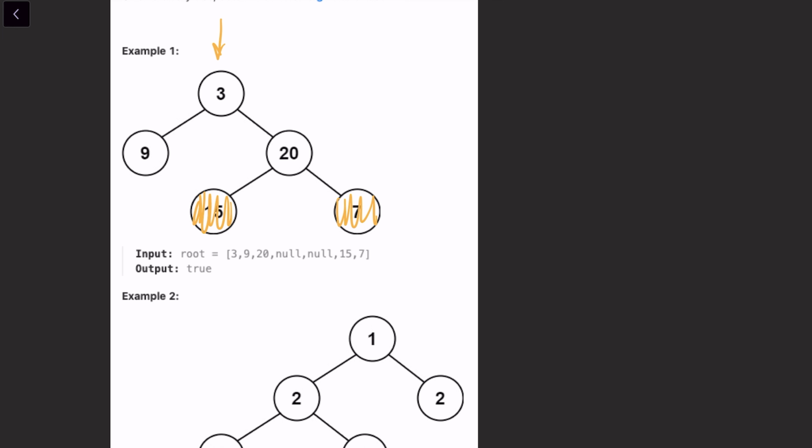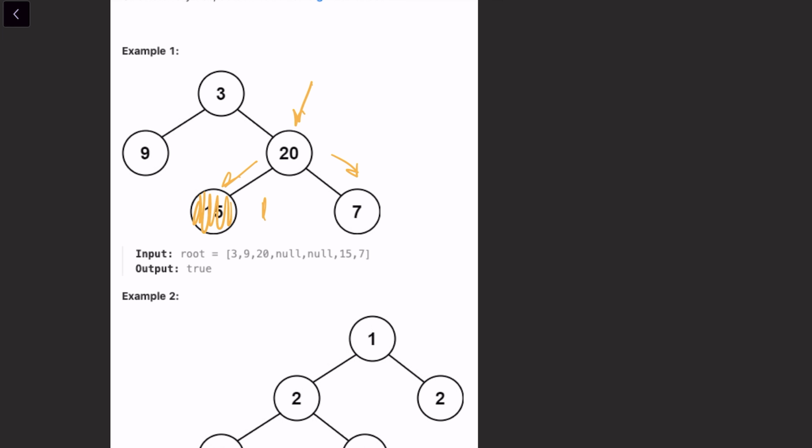And what is the height of this? It is 1, so we know that the height is 1, and we will be returning that information to the previous node. So now starting at 20, we will determine if it is balanced from the left and the right, and we know that the height was 1 and 1, so 1 minus 1 is equal to 0.